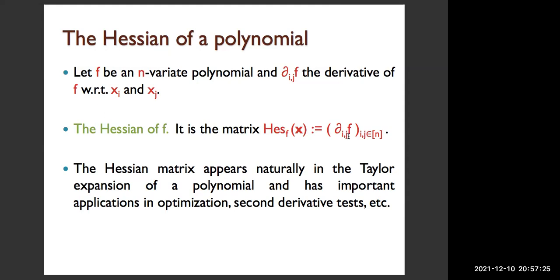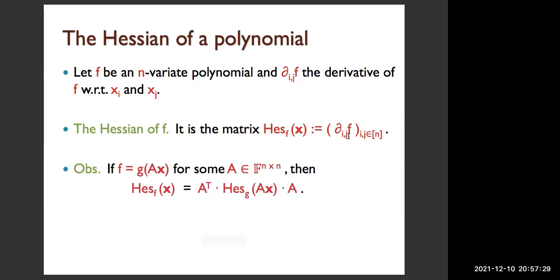But the property of the Hessian that we're going to need is not the Taylor expansion. The property we're going to need is given in this observation. We will see how the Hessian of F and G are related, where F is in the orbit of G. And it's a very nice, neat relationship, which is basically the chain rule: the Hessian of G evaluated at AX.